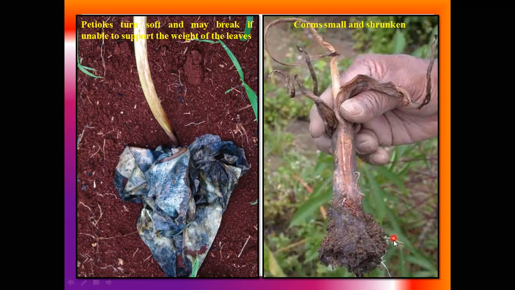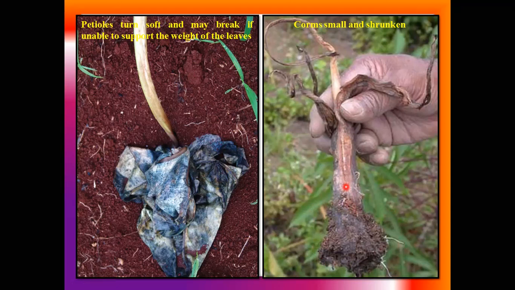So the corm becomes small in size, or shrunken. Small corms are generally produced from the affected Colocasia plants.